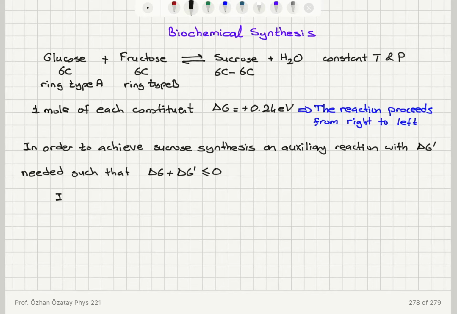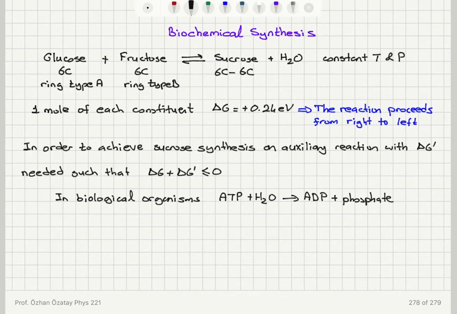So in biological organisms, we have the following auxiliary reaction. ATP plus water produces ADP, adenosine diphosphate, plus a phosphate.